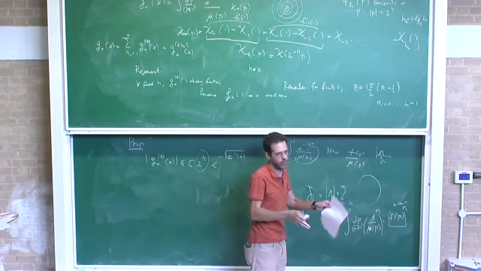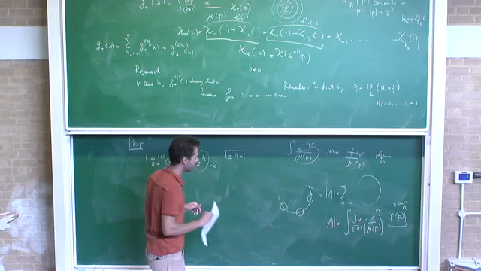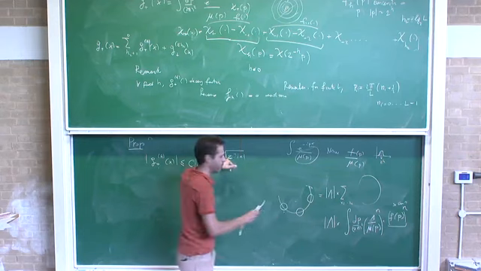If you really chose something rigid, you would have something really bad. And if somehow this were analytic, which it is not, you would get exponential decay.